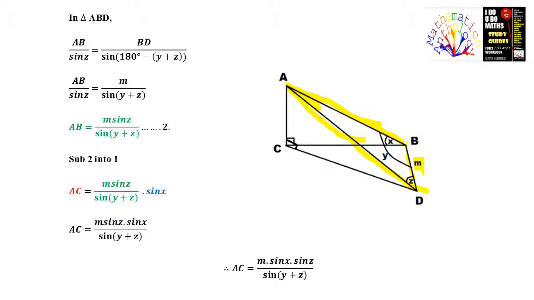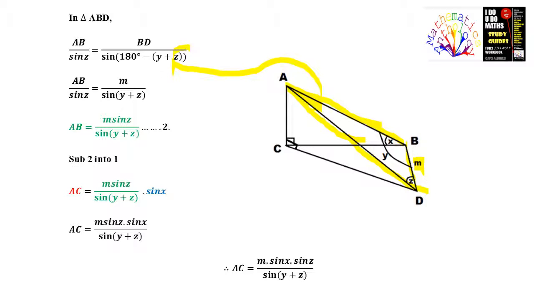The problem is I don't have any value yet for A, but if I look at the triangle ABD once more, I can see that I have an angle for B, which is Y, and I have an angle for D, which is Z. Now because all three angles in a triangle add up to 180 degrees, I can work out A. And A works out to be this, 180 degrees minus Y plus Z.